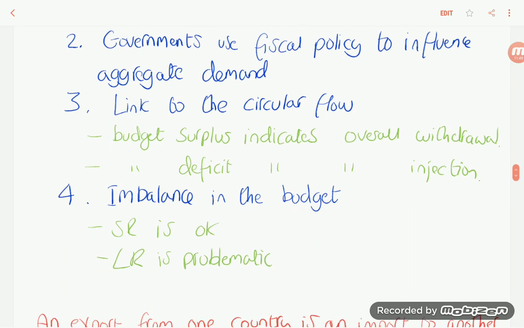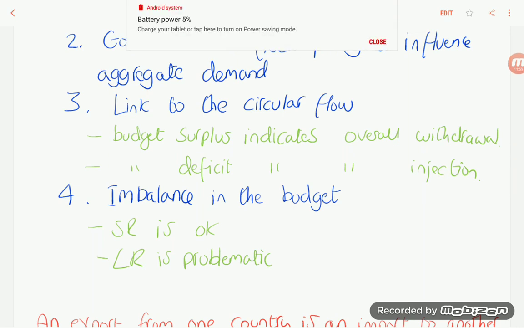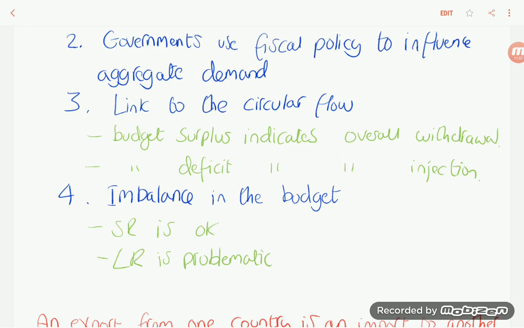If aggregate demand is high and the economy is experiencing a boom, a government might increase taxes and spend less, causing a budget surplus to try to reduce aggregate demand and slow down economic growth.